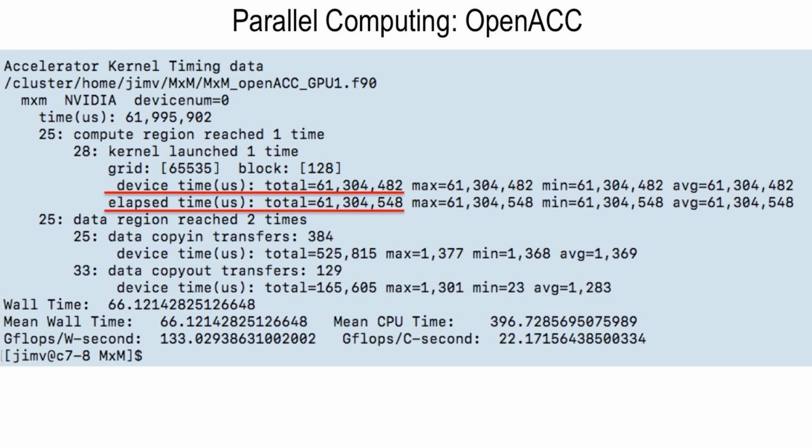The OpenACC environment variable NV_ACC_TIME offers valuable insights into accelerator kernel timing. It indicates that the kernel was initiated once, taking approximately 61 seconds to execute.